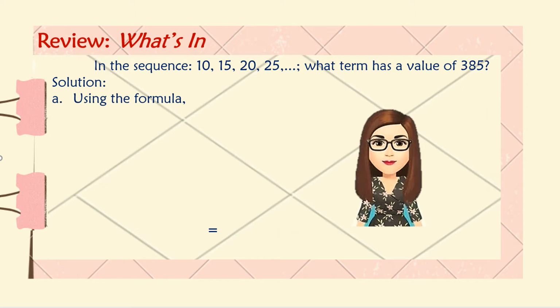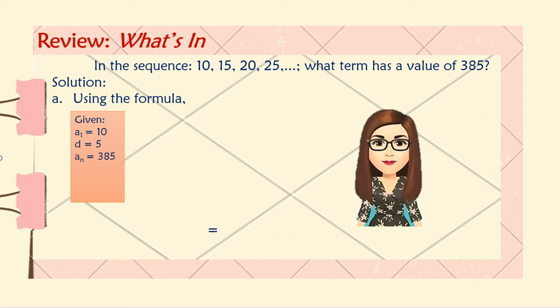Let us use the formula. First we need to identify what are the given, para ma-substitute natin dun sa formula. Using the formula, a sub n is equal to a sub 1 plus the common difference times the quantity n minus 1.